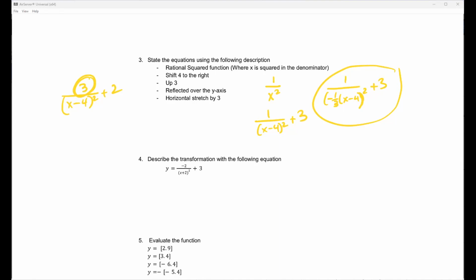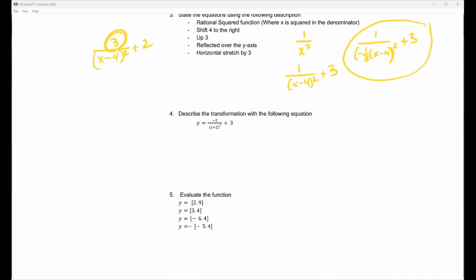Number 4, describe the transformation of the following equation. You go step by step: reflect over the x-axis, because the negative is on the side of the fraction. Left by 2, up by 3. And what else? Vertical stretch by 2.